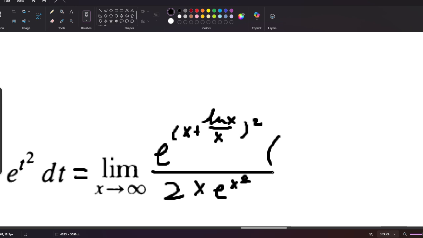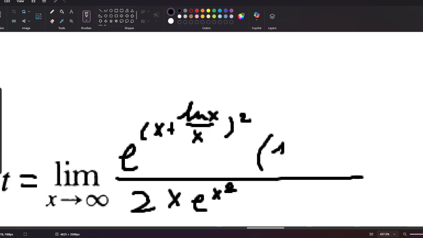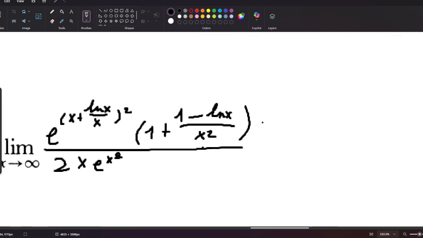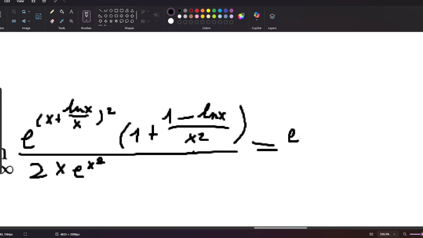Times, let's find the derivative now. 1 plus 1 minus natural log of x over x squared. Now, let's rewrite that.